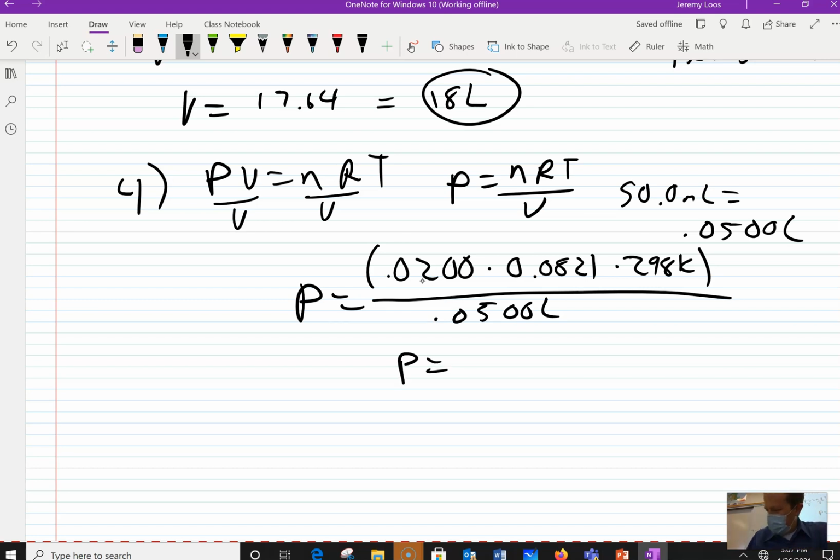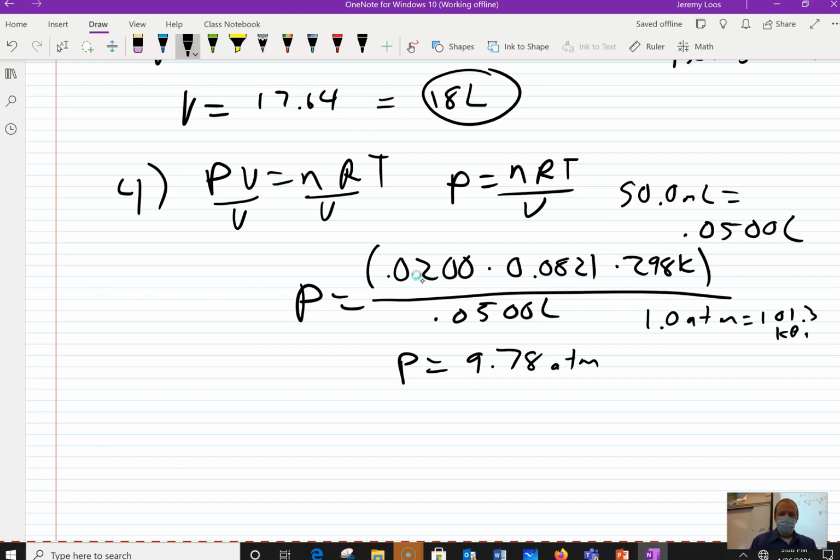So if we solve this, like I was saying, when you use all those required units I mentioned, the ideal gas law puts those out. So this is a pressure in atmospheres, but the question asks for kilopascals. So like we've done quite a few times, we need to take advantage of the fact that we know what standard pressure is in both of these units. And so I can convert this pressure.